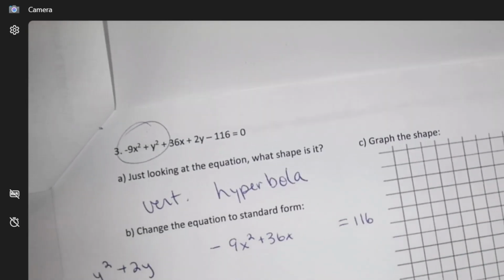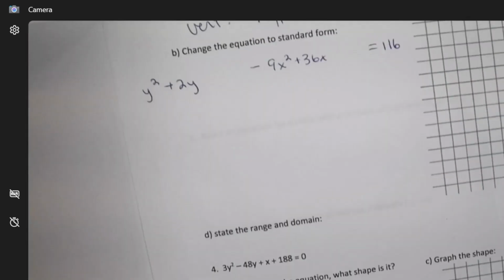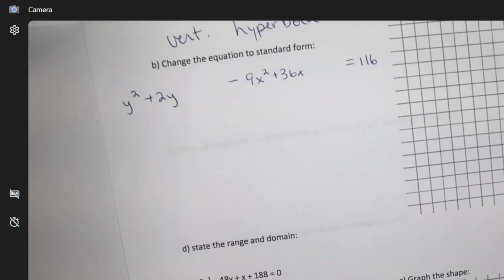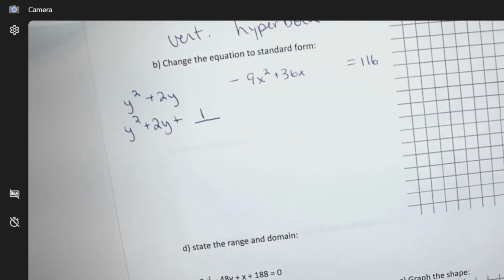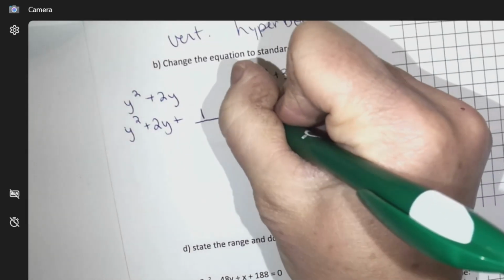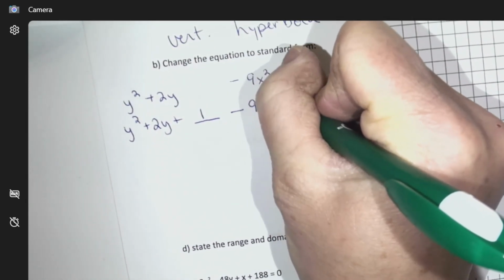Okay, so I'm actually going to rewrite it with just the y squared first. So grouping the y's, grouping the x's, moving the number. Alright, there's my plus blank. GCF.